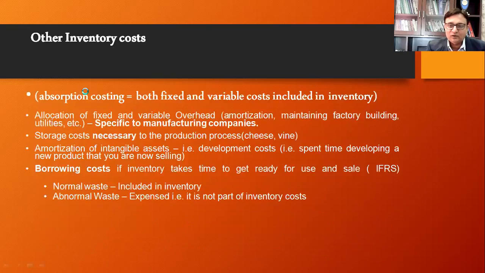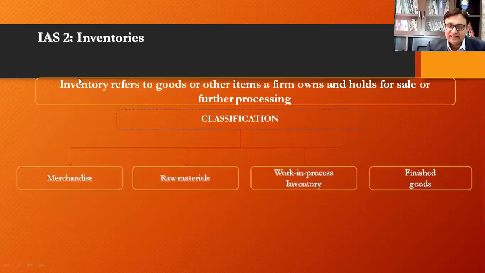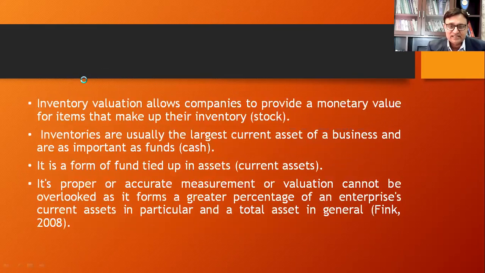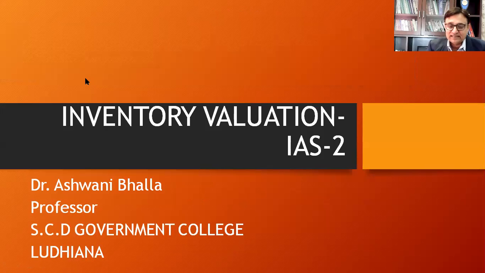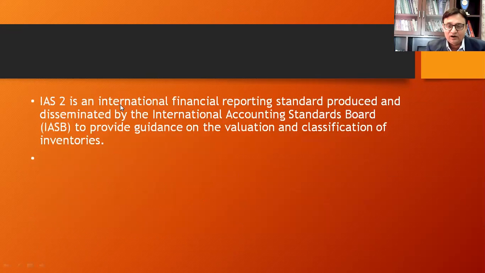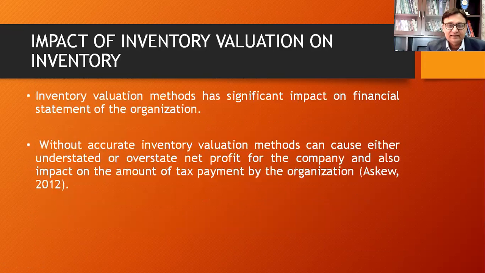So if we like to sum up the whole discussion on IAS 2, it is basically a valuation model. It provides you the recognition criteria: how you must define the term inventories, what is included in the inventories, and what is not included in the inventory.